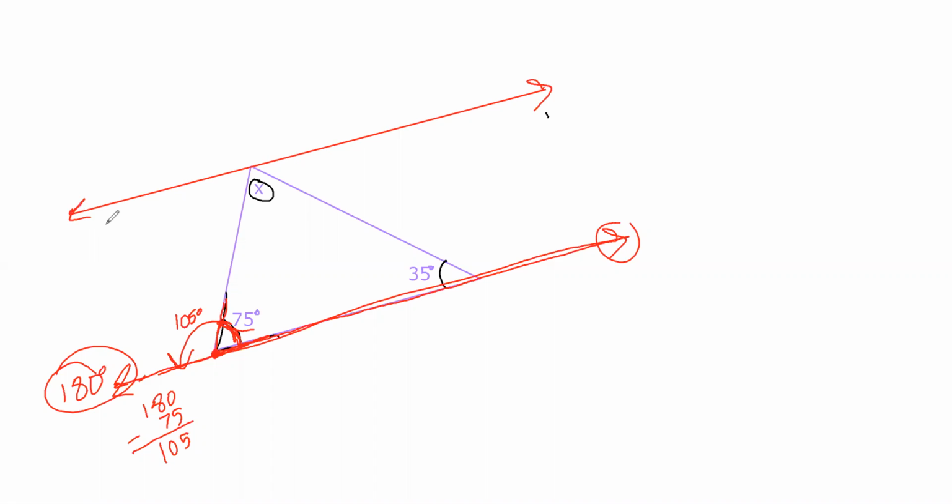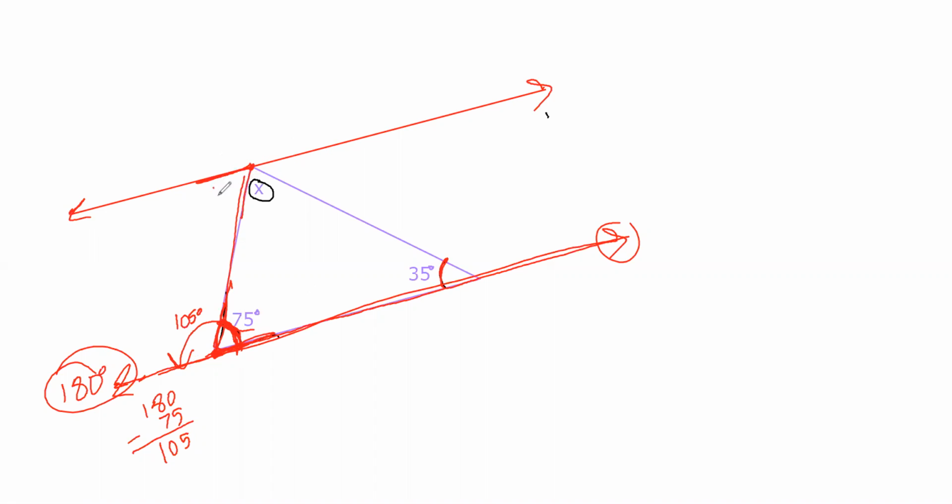What we can do is take this 75-degree angle and this 35-degree angle, and place them up on the exterior angles of this particular point. So this angle here is actually the inverse of this angle.